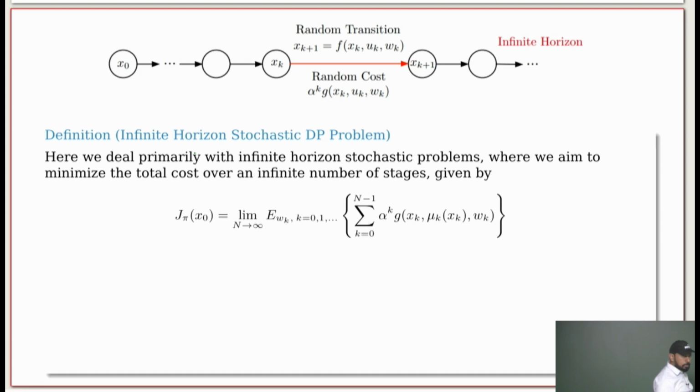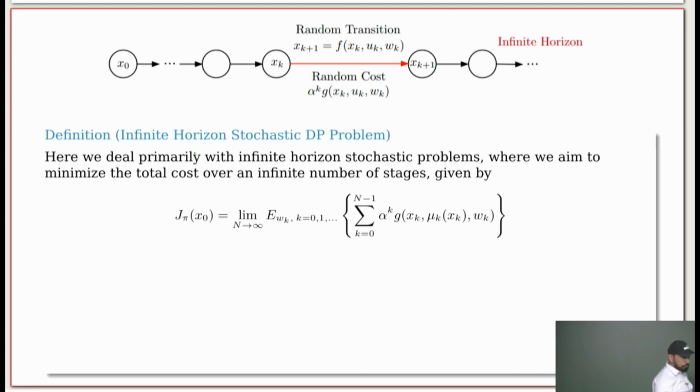We will motivate these things in a future class, like why the cost needs to be scaled by alpha to the k, and whether alpha to the k will increase or decrease as k grows. So should I give more importance to the current reward?